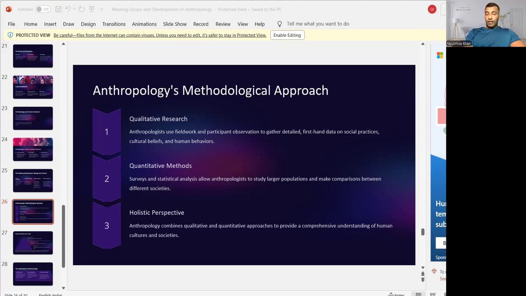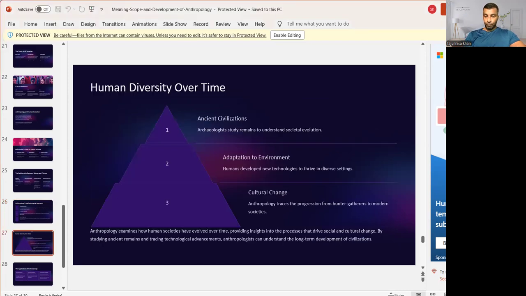Okay, now let's move on to the next slide. Human diversity over time. Anthropology not only studies human diversity in the present, but also looks at how human societies have evolved over time. I told you, you will study evolution, across time, ancient societies. Archaeologists and biological anthropologists study the remains of ancient civilizations and fossilized evidence to understand how human societies have changed.